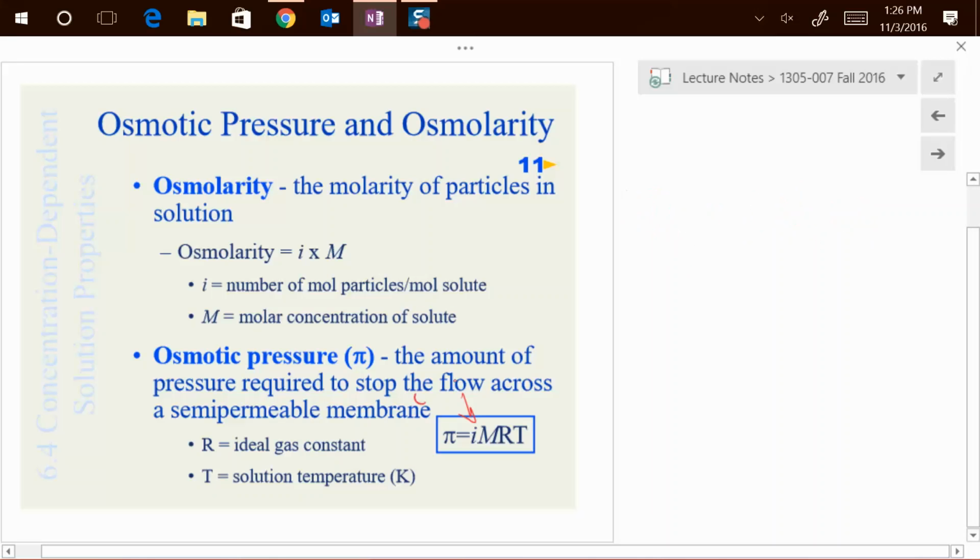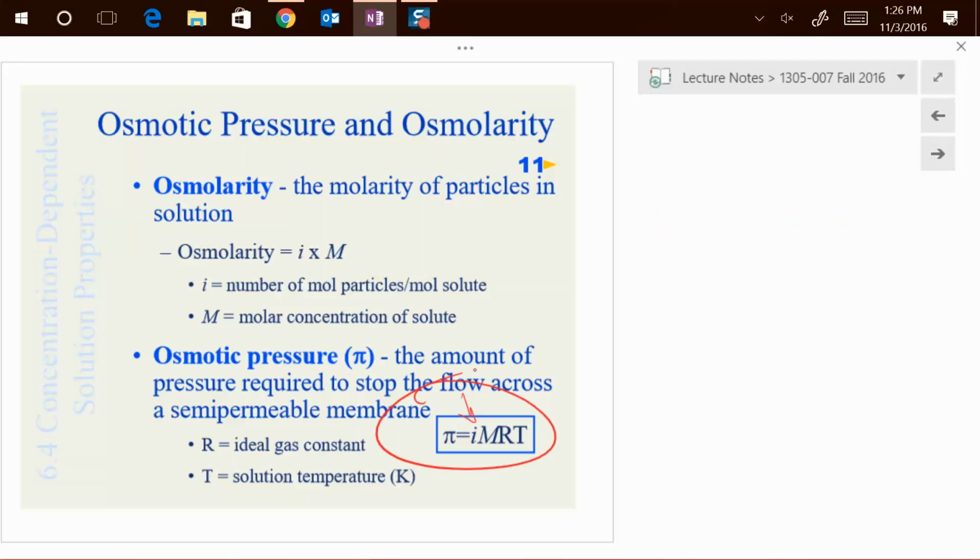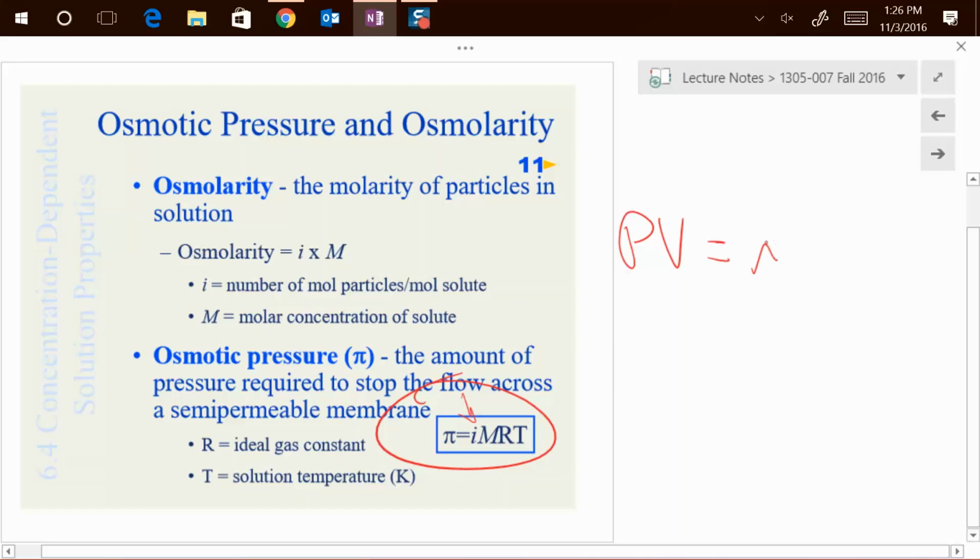So that's how the equation works. Here for the osmolarity, we have it as well. Now this equation should be very familiar because you've seen it before, just in a different format. PV equals nRT. If I solve for the pressure from the ideal gas law, pressure equals nRT over V. What's n over V?